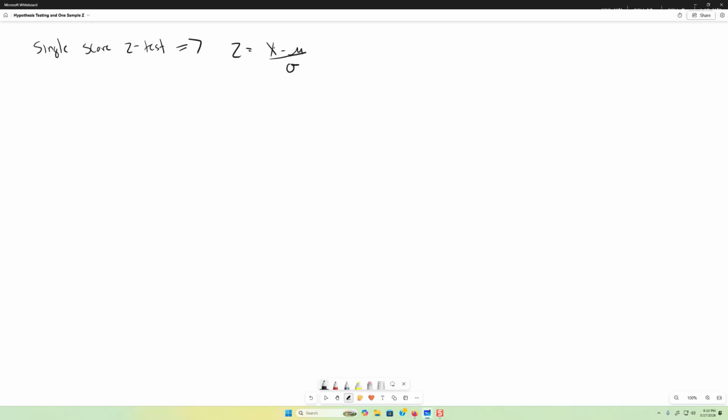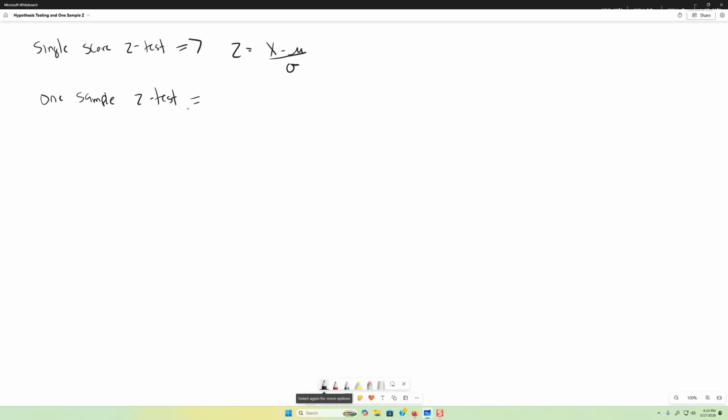This works well with a single score. A lot of times you're not using single scores, though. You're using samples. So if I'm testing a hypothesis with a sample, I'm going to use something called the one sample z-test. My arrow looks like a 7 here.